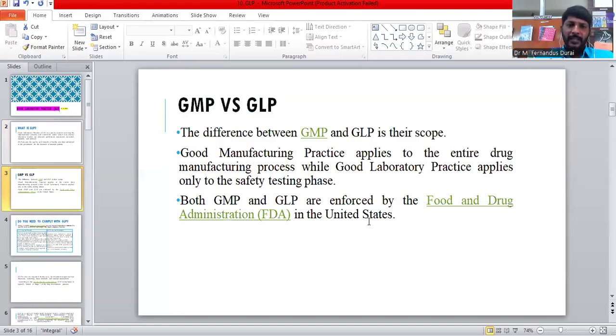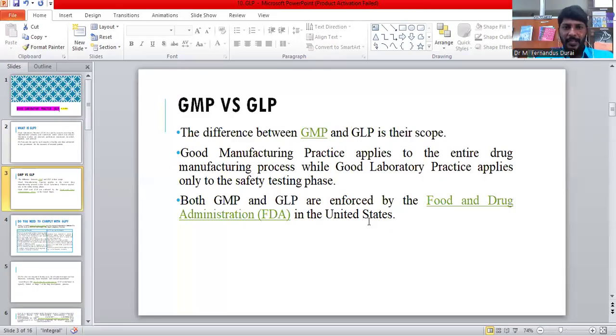So there are two things: like GLP, we have another one, GMP. The GMP is good manufacturing practices. The GMP applies to the entire drug manufacturing process, while GLP, the good laboratory practices, applies only to the safety testing phase.